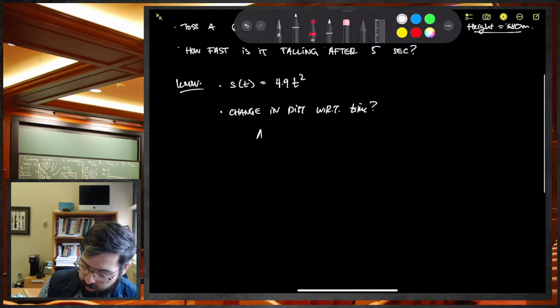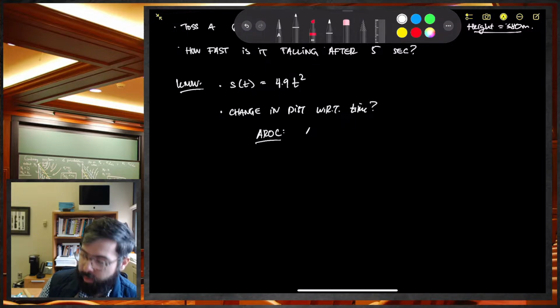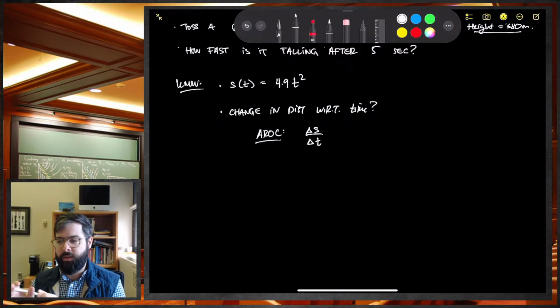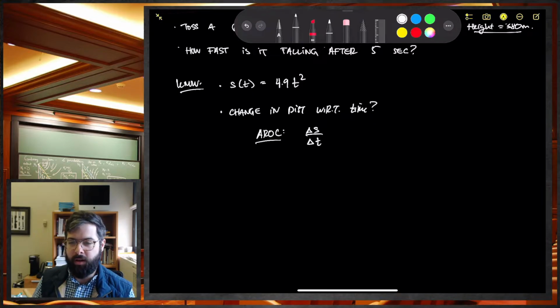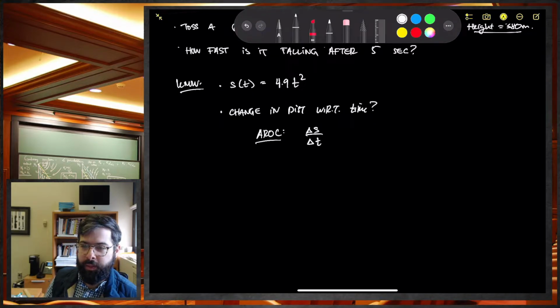Well, we only have right now the average rate of change, where we say the change, represented by delta, delta s over delta t. We're talking about miles per hour, feet per second. Here we're talking meters per second. So that's the rate of the distance traveled, or the speed at which it's falling.